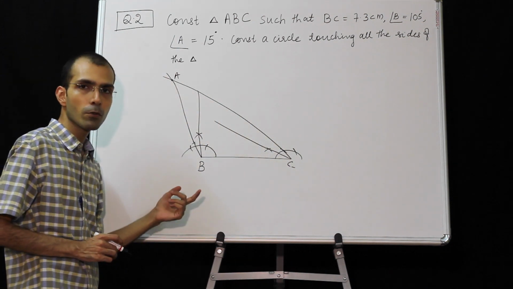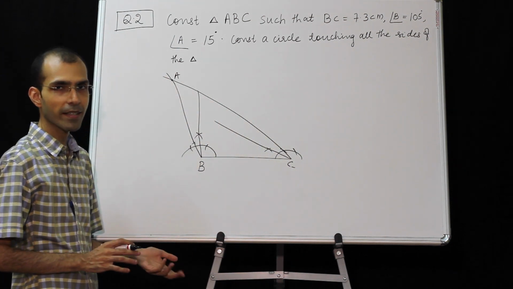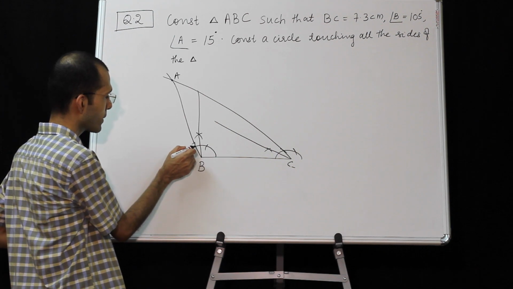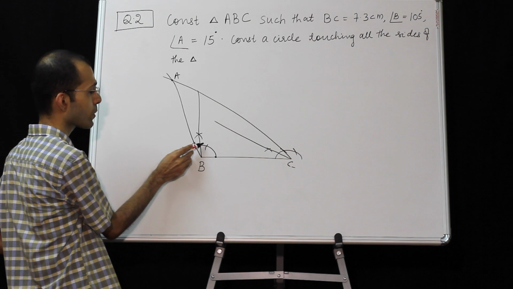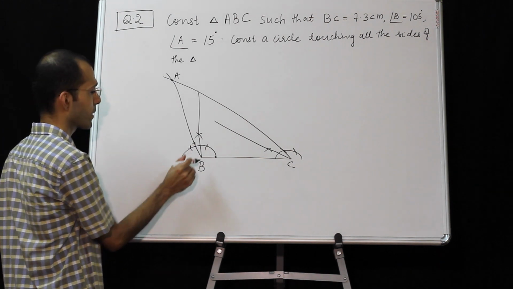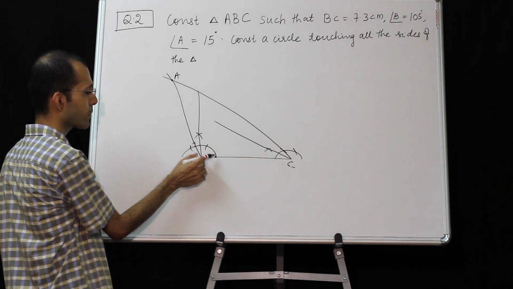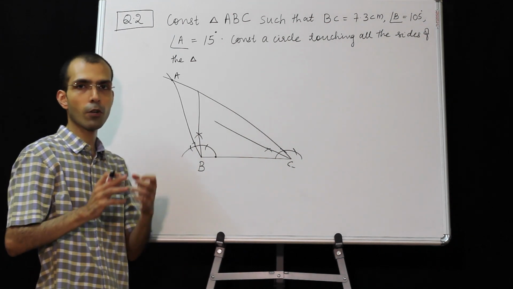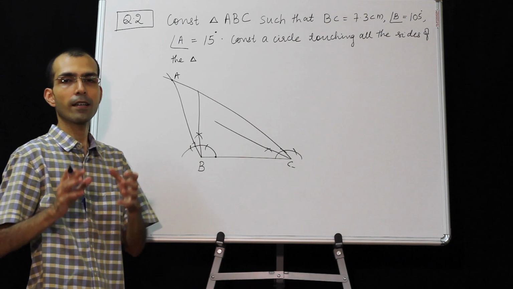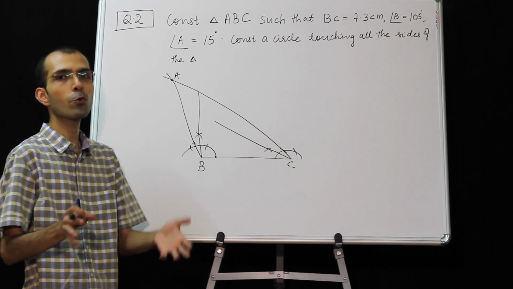So now what we will do? We will bisect the 105 degree angle. This is our 105 point. This is 0. This was how much? 60. So with this as the center, remember we are bisecting now the 105 degree angle because to draw an incircle, we need angle bisectors of any two angles.